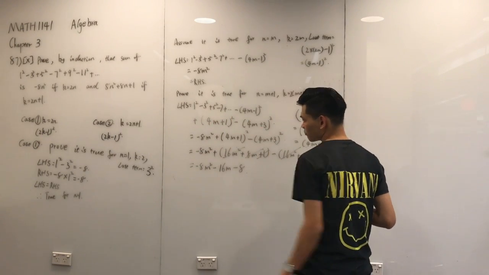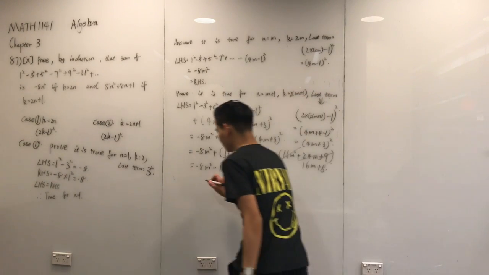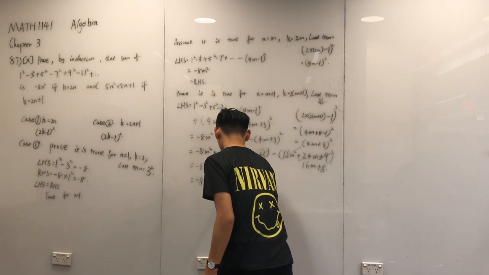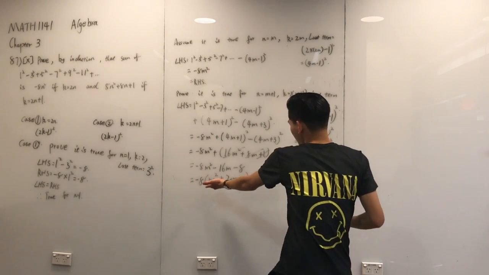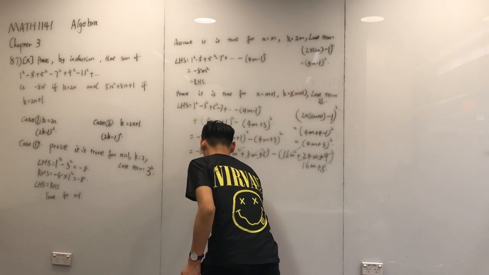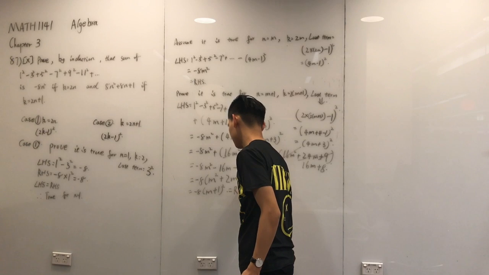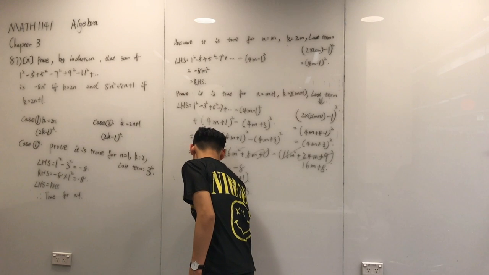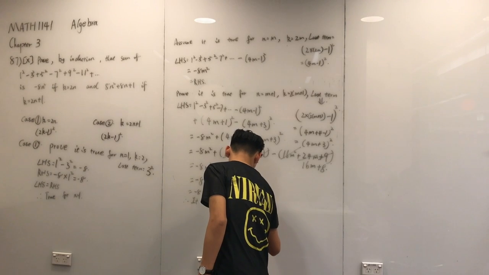So we just collect the same terms. We can take out the 8, so minus 8 times (m squared plus 2m plus 1). And from high school maths, we know this is a perfect square, (m plus 1) squared. So we got negative 8(m plus 1) squared, which equals the right hand side. Right? So it is true for n equals m plus 1.